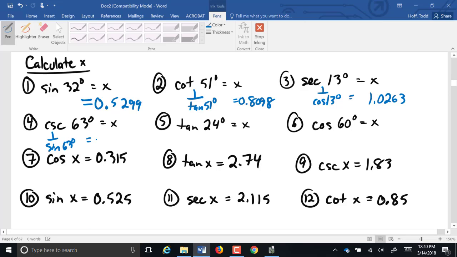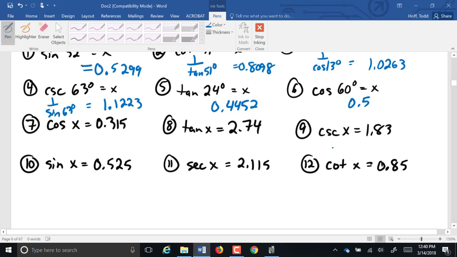So 1 over the sine of 63 is 1.1223. Perfect. Tangent of 24 is just tangent of 24, 0.4452. And cosine of 60 is just cosine of 60, 0.5.